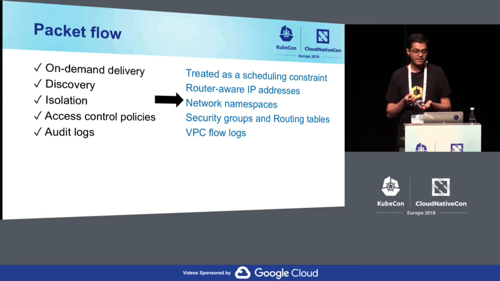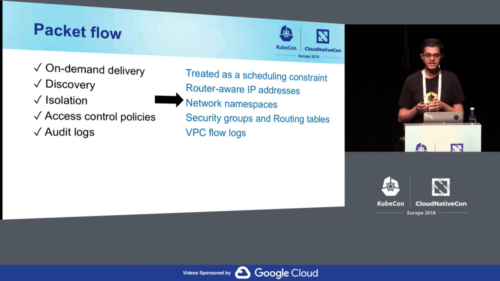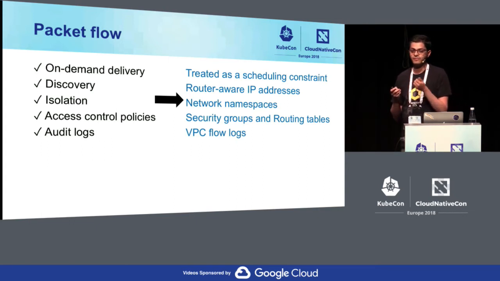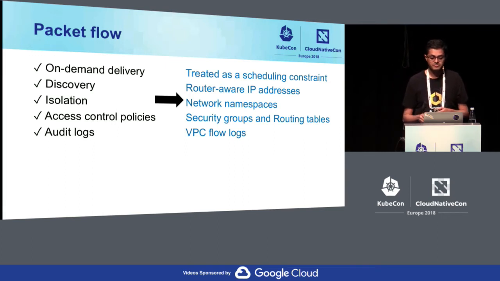You have audit logs from VPC flow logs. So if you haven't used VPC flow logs before, it's a pretty cool feature. It lets you essentially do a tcpdump kind of semantic on your VPC. So you can see in real time what interface is sending what traffic to what endpoint and get alerts based on that.